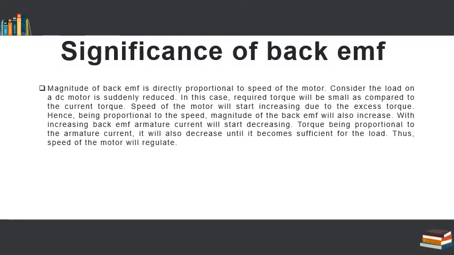Hence, being proportional to the speed, the magnitude of back EMF will also increase. With increasing back EMF, armature current will start decreasing. The torque being proportional to the armature current will also decrease until it becomes sufficient for the load. Thus, the speed of the motor will regulate.